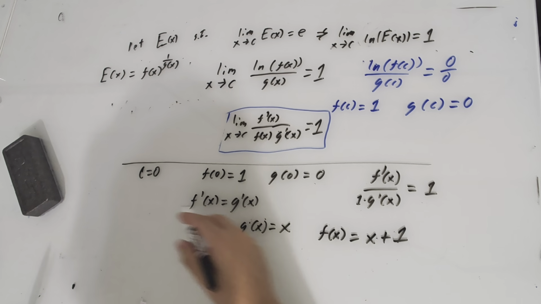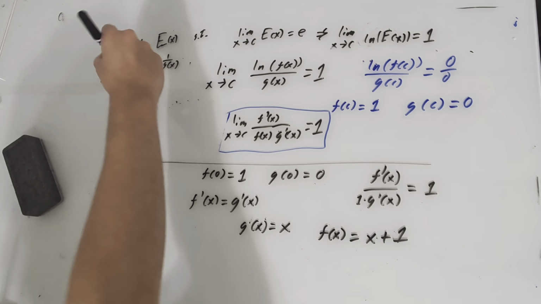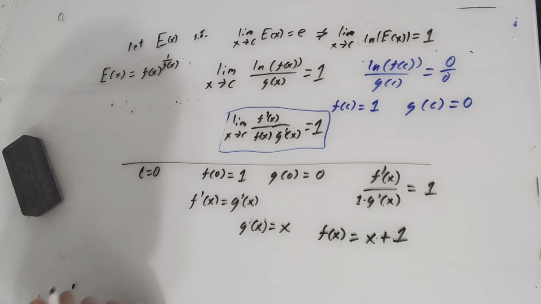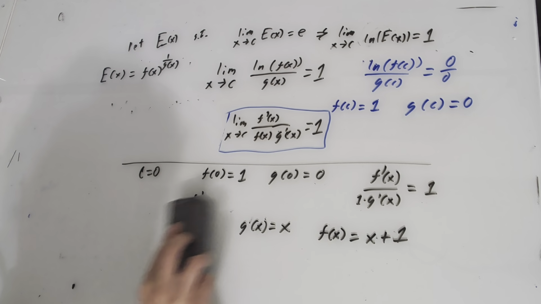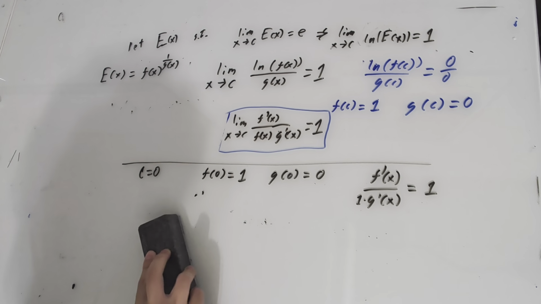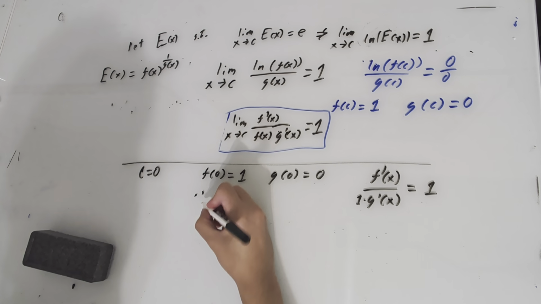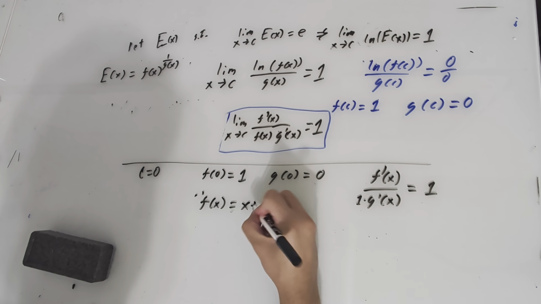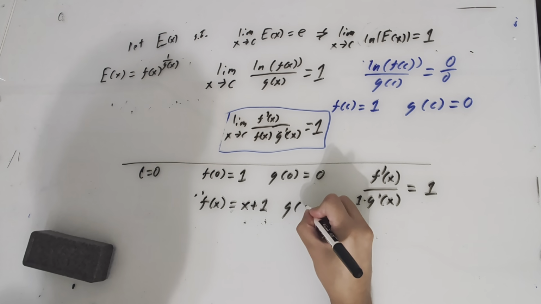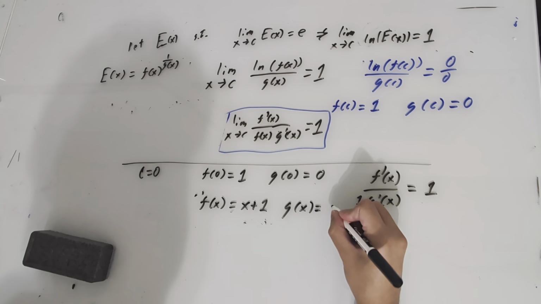All right, so now plugging this into our earlier formula, let me move this over here. We constructed our f of x to be equal to x plus 1, and our g of x to equal x.